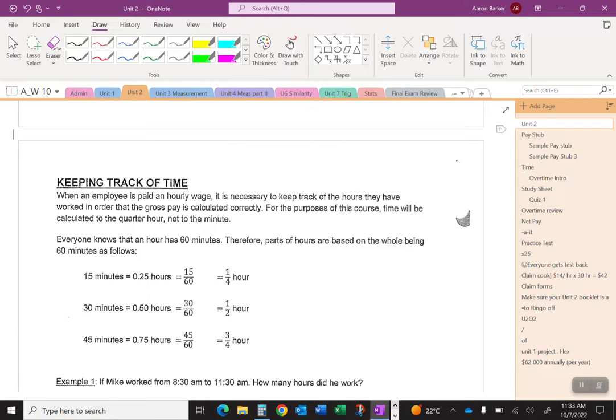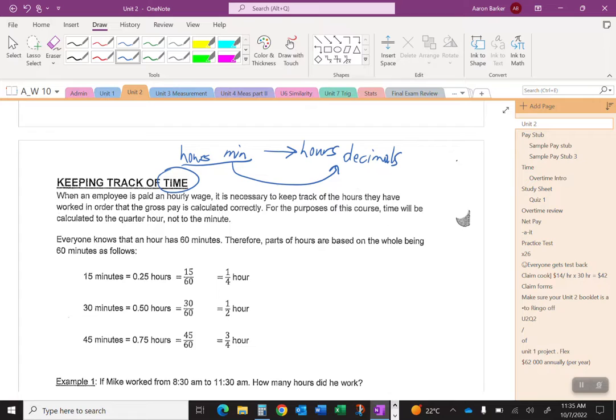Okay, so keeping track of time, the big thing that we're learning today is to take your time in hours and minutes and put it all into hours. And you have to take your minutes and use decimals.